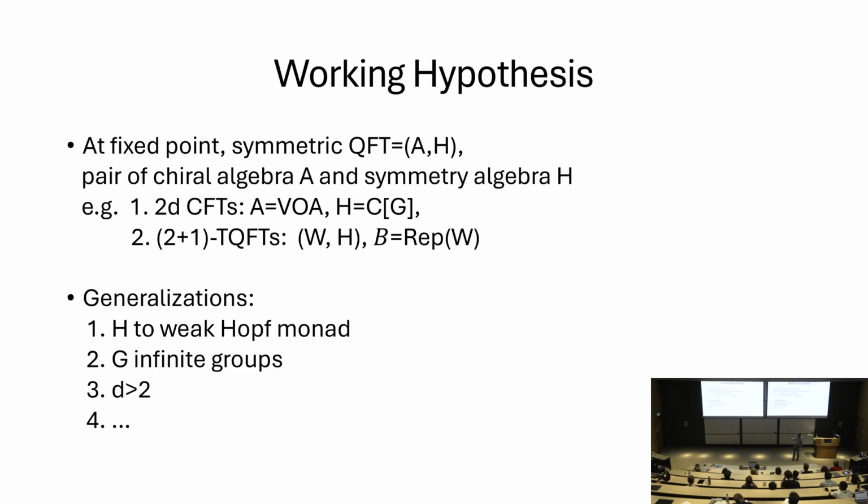The pair is the local thing, and then there's some non-local thing. You can call it global symmetry, but I don't want to do that. There's just a local symmetry algebra, then there's a non-local thing. And I claim, in general, any quantum field theory at a fixed point should be determined by this. You should not even separate the two. The two is just a single algebra. You just declare part of it local, part of it non-local.